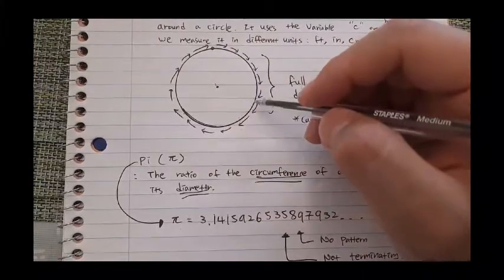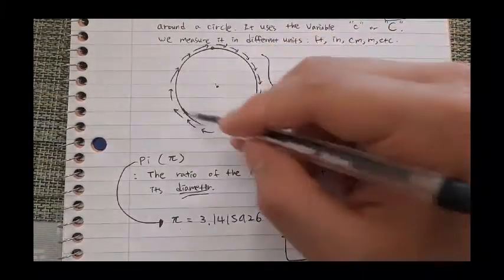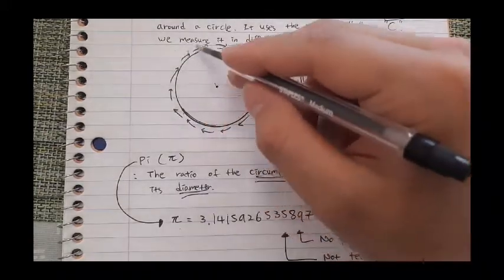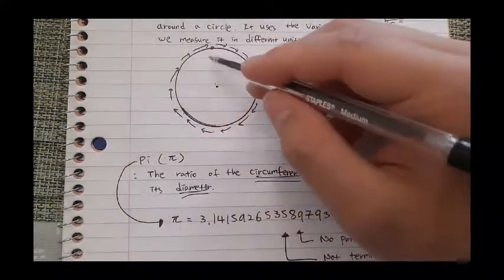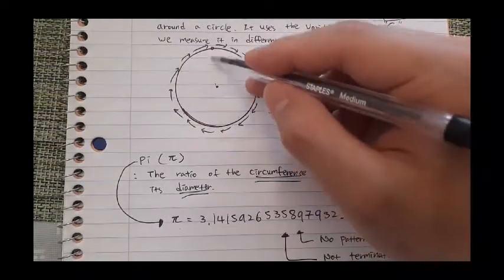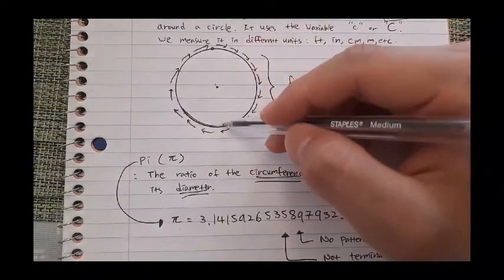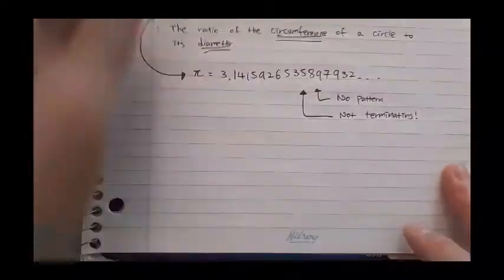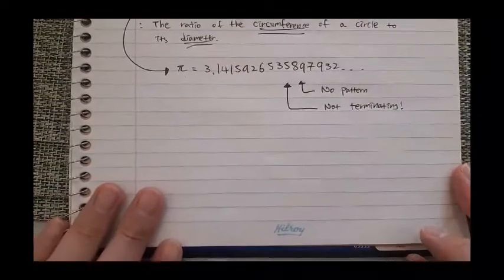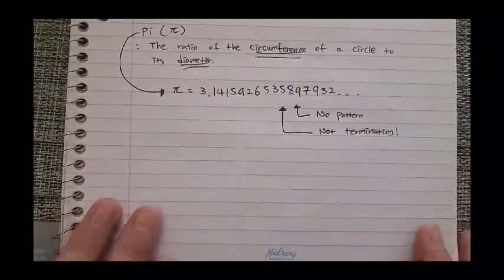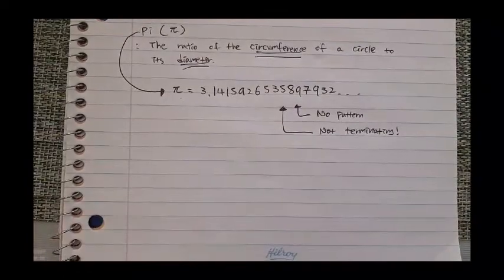Long story short, they found that whatever the circle size that we make, if we measure the total distance around the circle, which we name circumference, and divide it by the total distance of the diameter, the across distance, we always somehow get this magic number, 3.141596, blah blah blah, and it doesn't have a pattern, and it does not terminate. It's infinitely going.